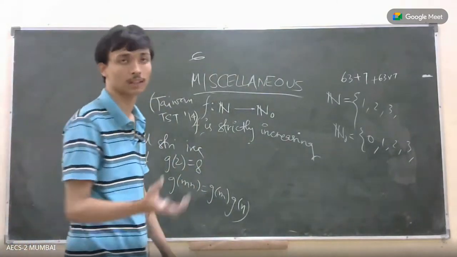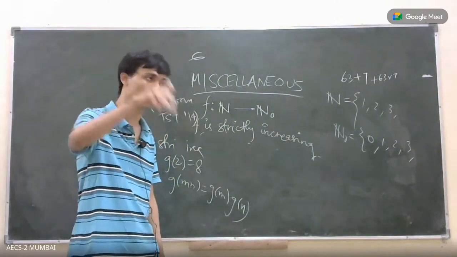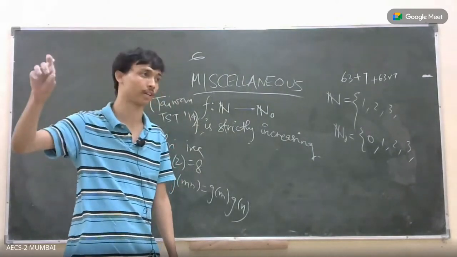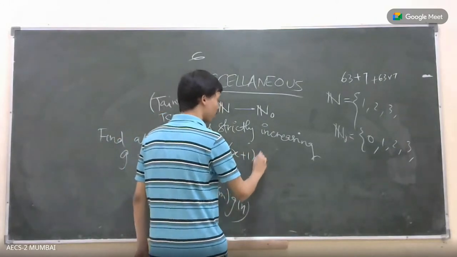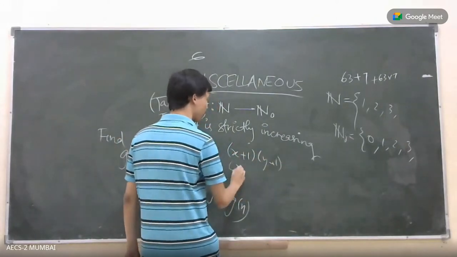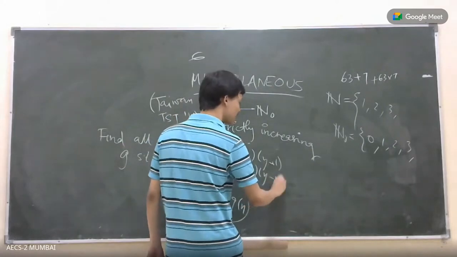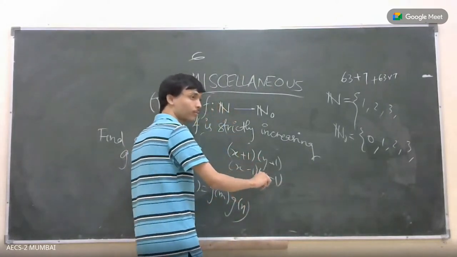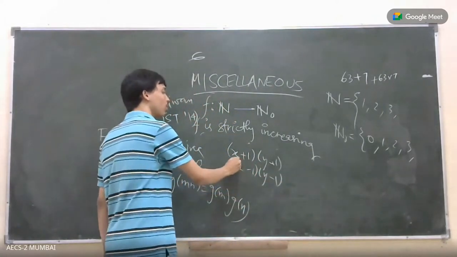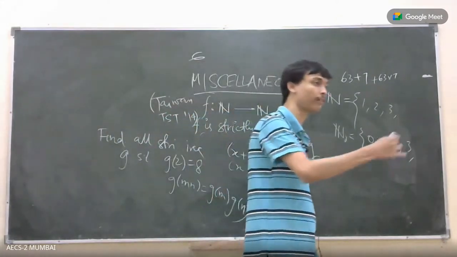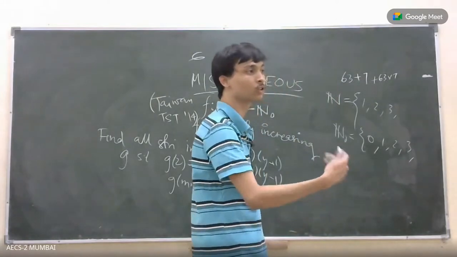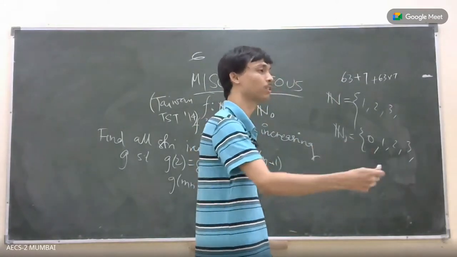Because you see what the original equation was: f(m) plus f(n) plus f(m) into f(n). When you have things like x plus 1 into y plus 1 or x minus 1 into y minus 1, you will get an xy term. So why did we choose f equal to g minus 1 and not g plus 1?